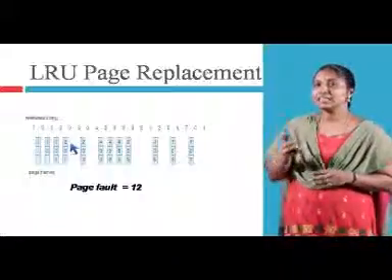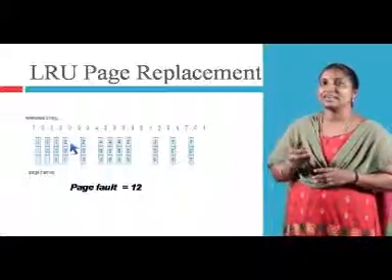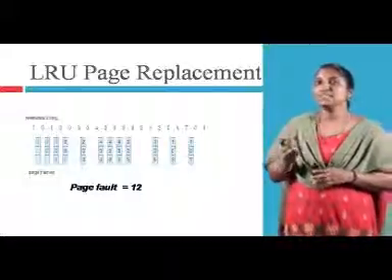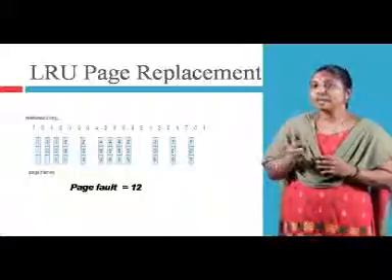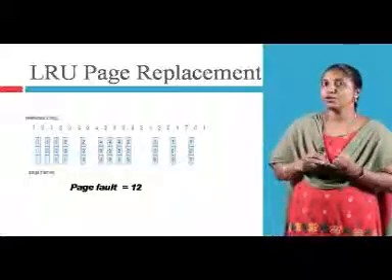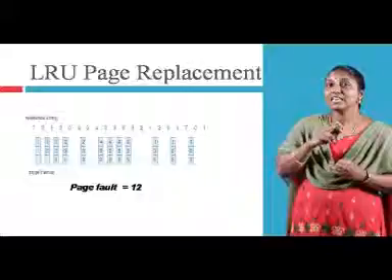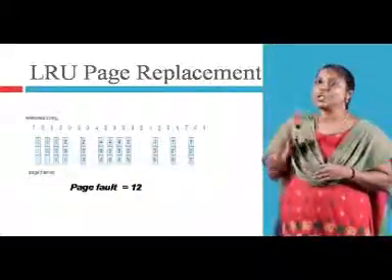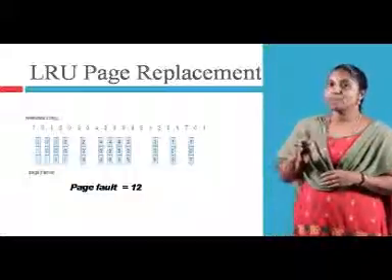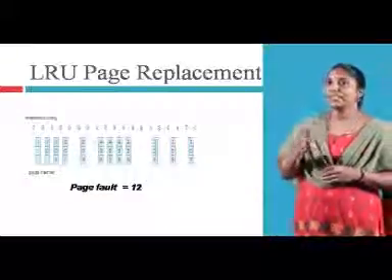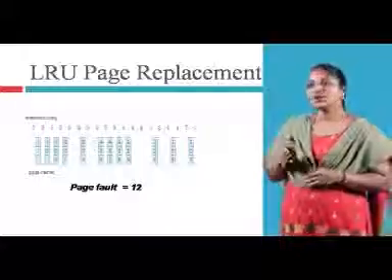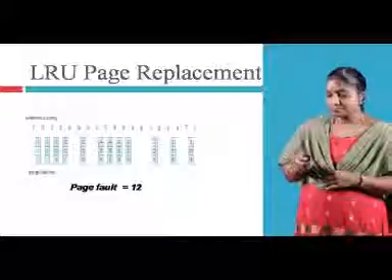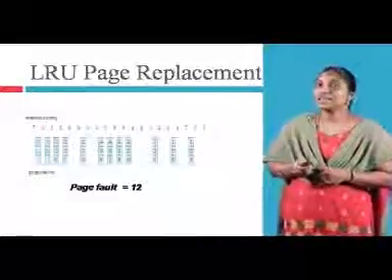The next page is 0, already in the physical memory, so no page fault occurs. Then the next page is 3. In the past we referred to 0 as well as 2, and before that 1. So the least recently used page is 1, and we replace page 1 with page 3. In the same way we load all the pages. The number of page faults here is 12. This is the main concept.